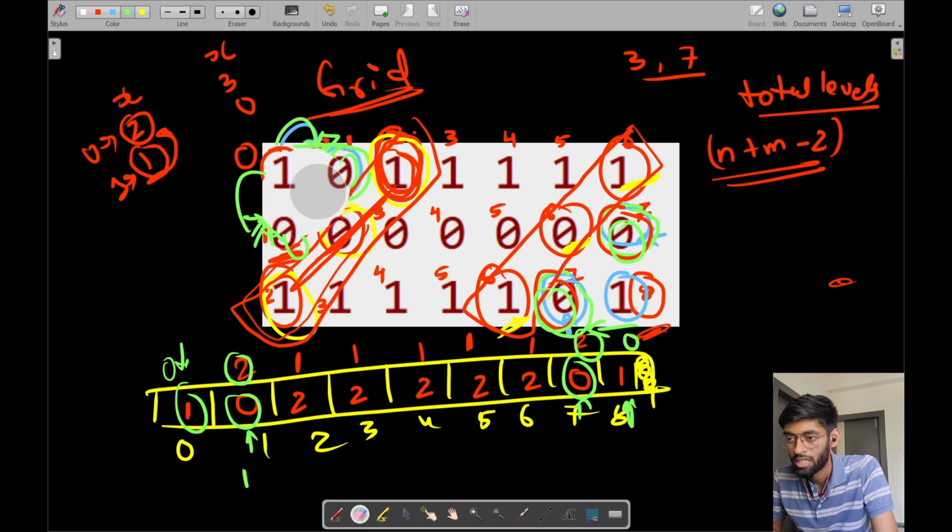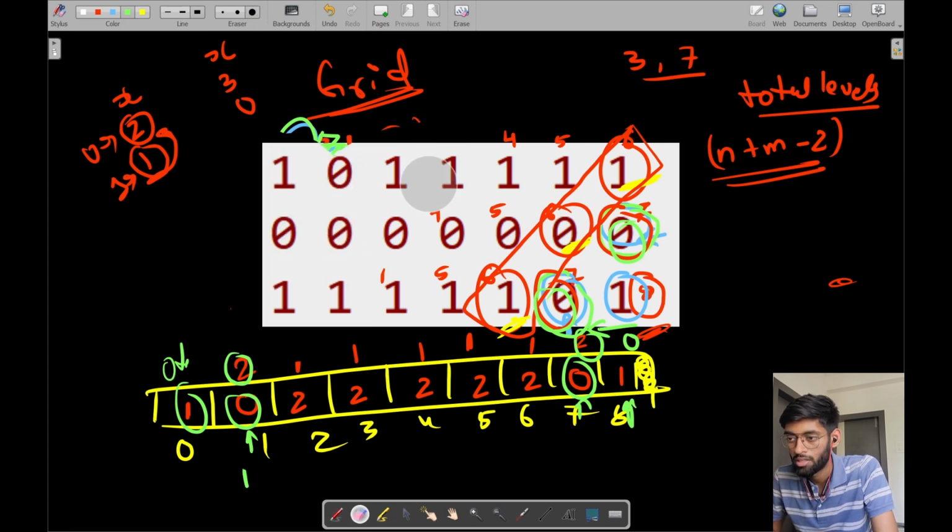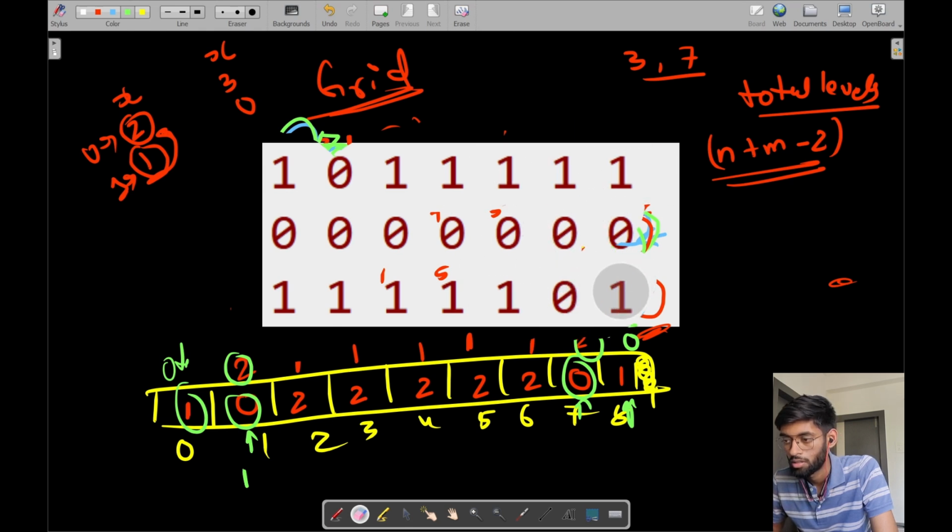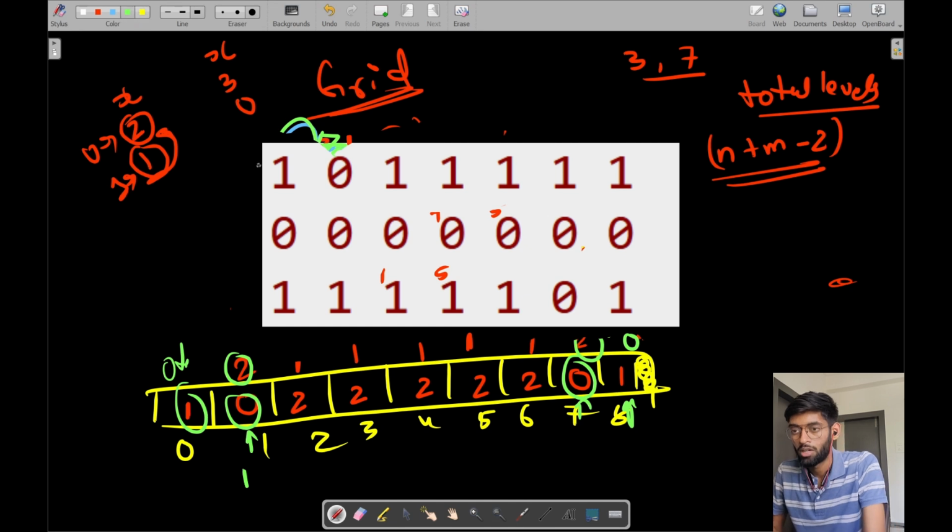Just let me clear this grid, it is looking very messy. Okay, now let us come to level number 2. 1, this is level 2, 1 2 and 2.